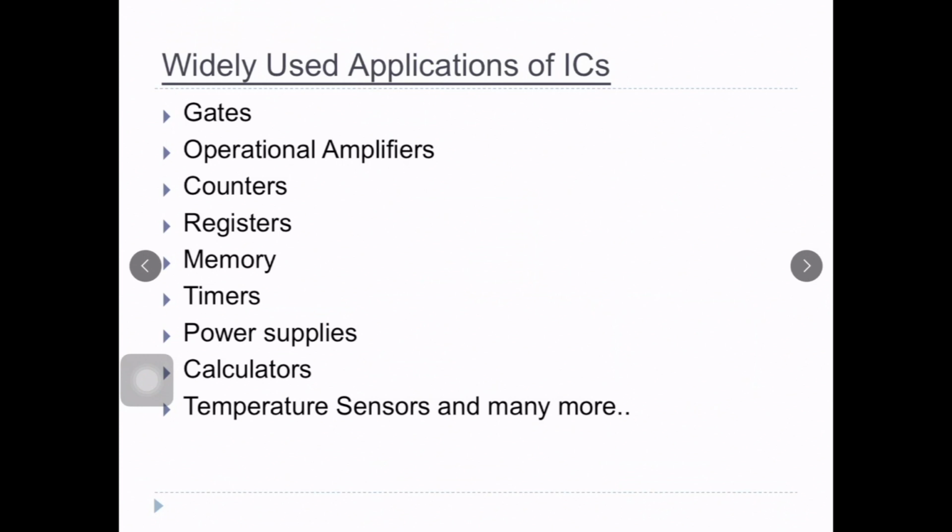If any fault occurs in the IC, the whole IC has to be replaced, and the full circuit of either a half adder or full adder is formed inside a small chip, right? And the wide applications are logic gates, operational amplifiers, counters, registers, memory, timers, power supplies, calculators, microprocessors, microcontrollers, temperature sensors, and many more.